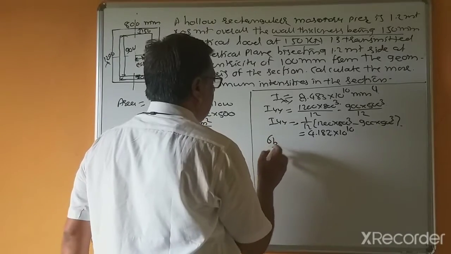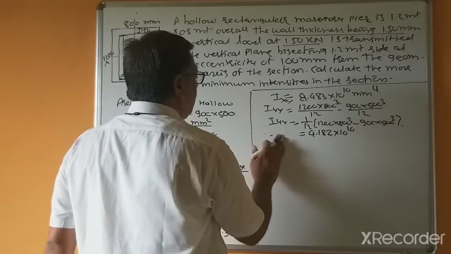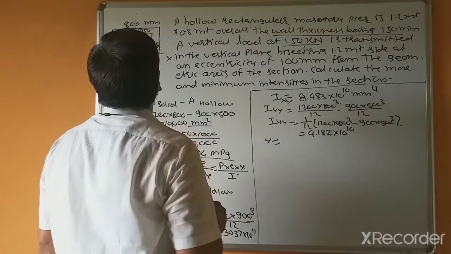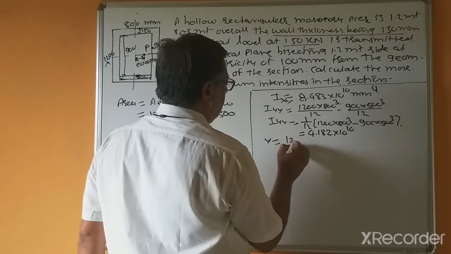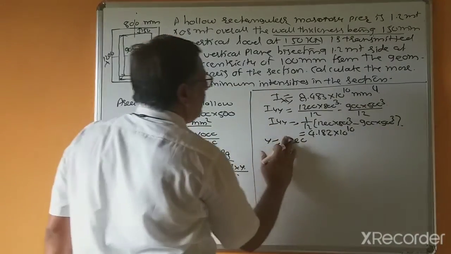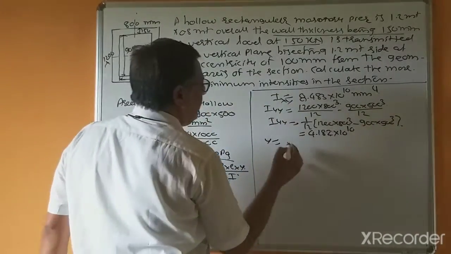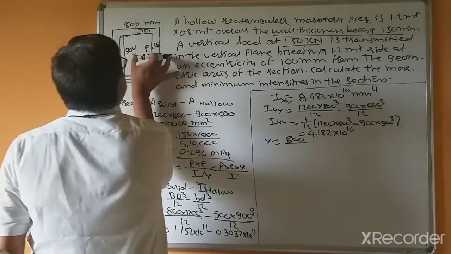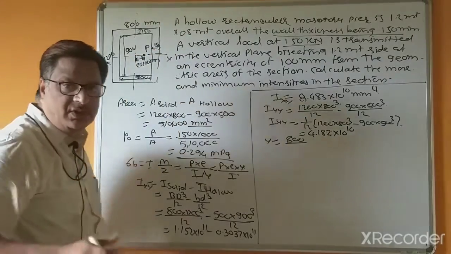That's why sigma b. Now y equal to 1.2, because this is 800, because in the right hand side it is compressive. So this distance is the extreme fiber from the neutral axis.